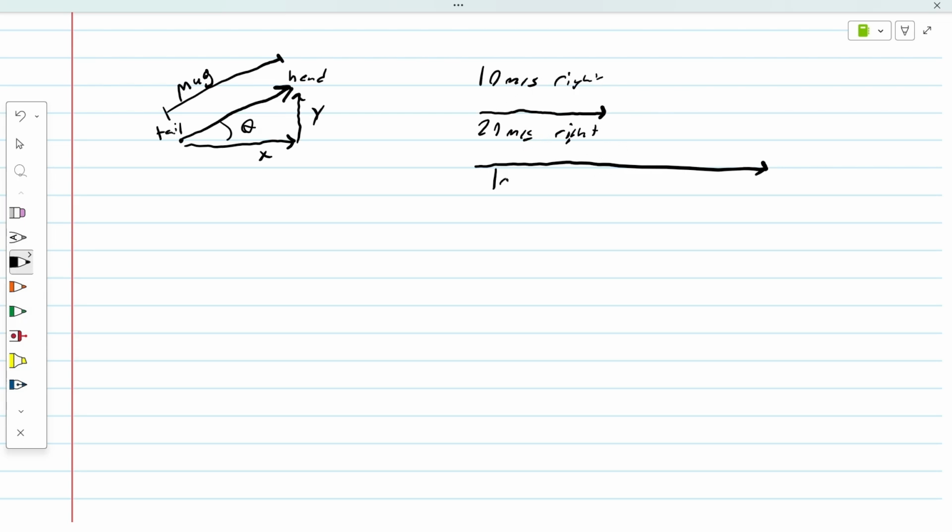Or if I wanted to show 10 meters per second left, I could draw it like that. So that's how arrows are important, because the direction matters and the lengths are for their relative magnitudes. And the last little bit of vector notation is for variables.